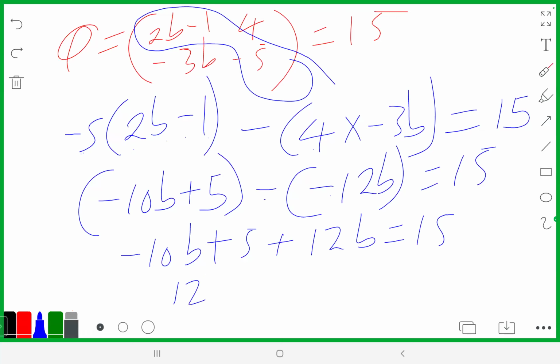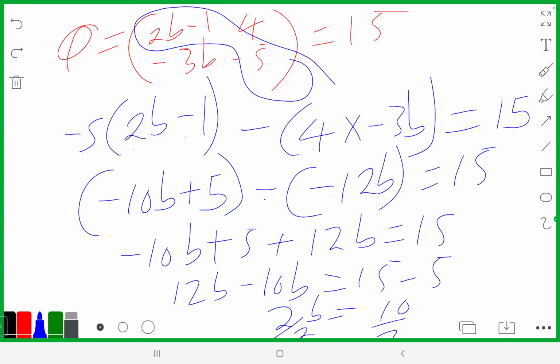We're going to have 12b minus 10b equals 15 minus 5. 15 minus 5 gives us 10, and 12b minus 10b is 2b, right? Dividing through by 2, since we just want b, the value of b will be equal to 5. Do you agree with us? Yes, I followed.